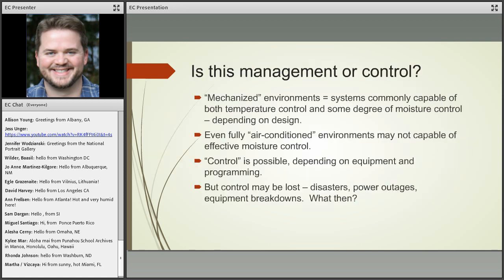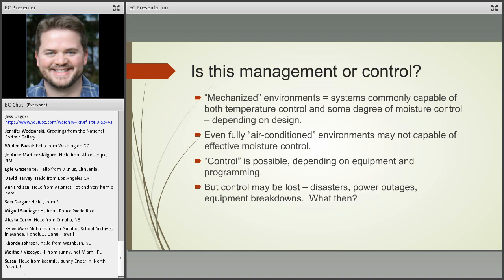So we talked last time about the difference between moisture management and moisture control. And when we were talking about envelopes, and specifically, shall we say, historic envelopes, really structures that were meant to breathe, that were meant to allow air to come in and out, that were meant to allow moisture flow and temperature differentiation throughout the day and the night, we were talking about thinking of it from a management perspective.